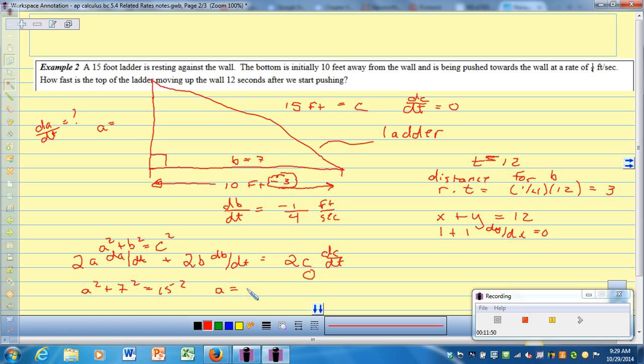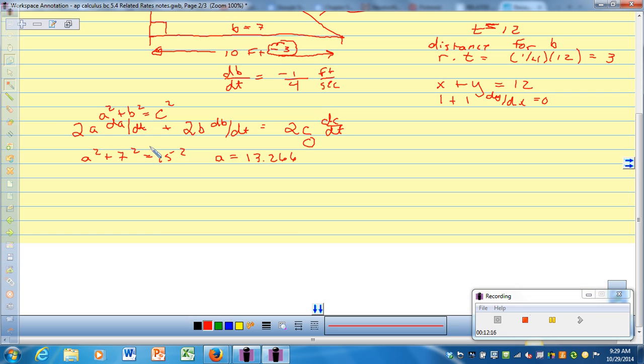That would be fine. 13.27. What is it? 13.2664. 13.266665, we'll say. Okay. All right. So our A is 13.266. All right. Now we have enough information to solve for the missing parts. Plug in all of our parts and solve for dA/dt.